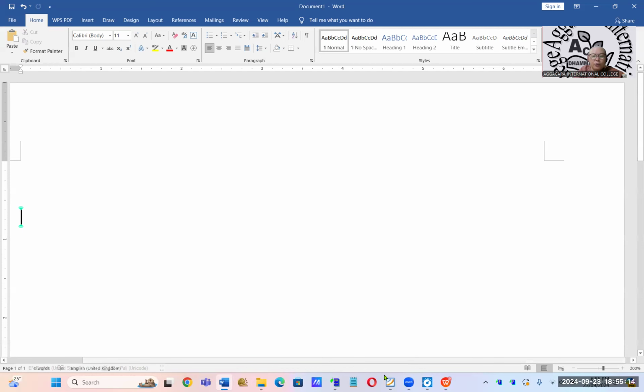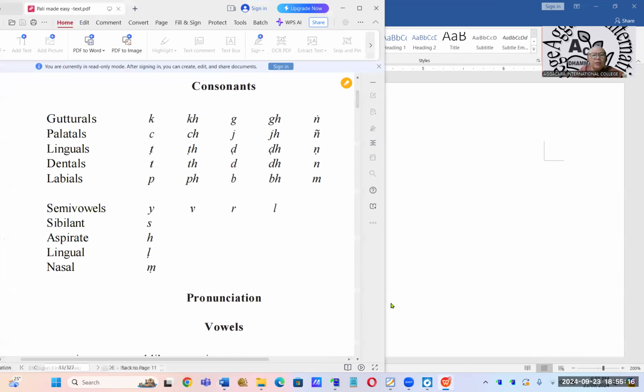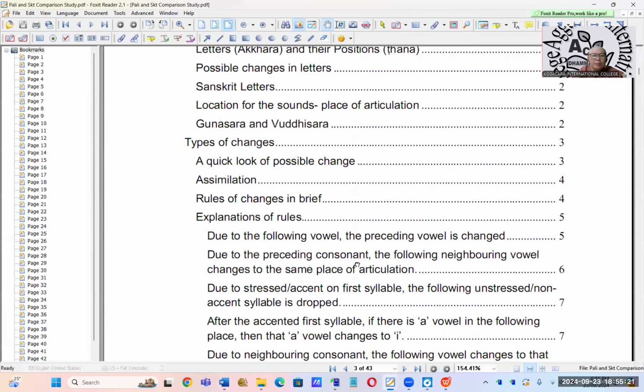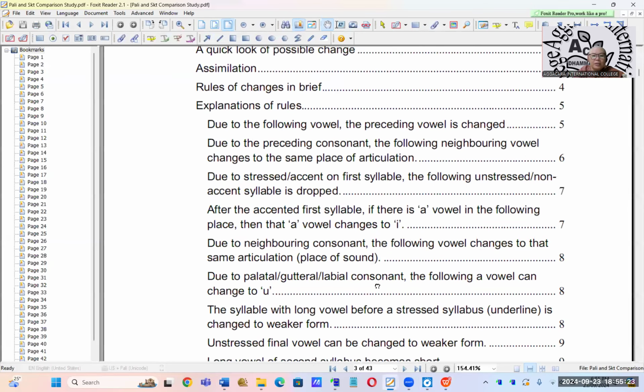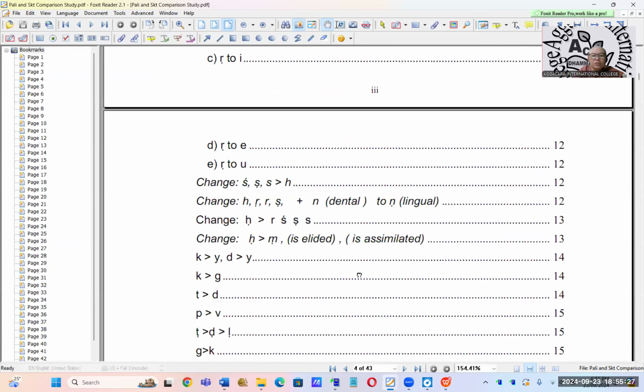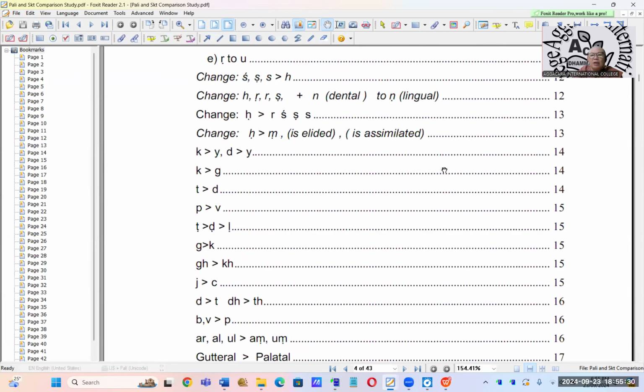So as long as we know, sometimes there are rules and regulations, sometimes there might not be. But when you study this and print it out, you can see there are lots of changes. Actually, it's very tough.